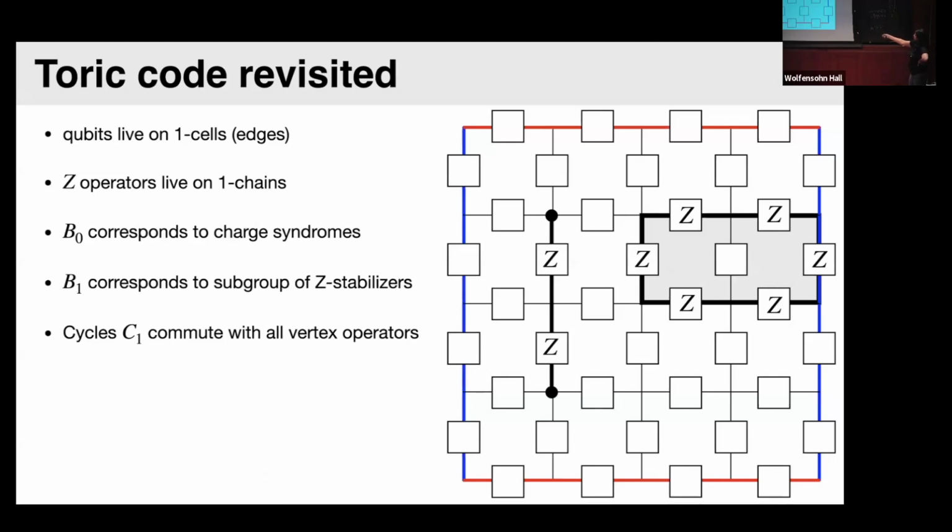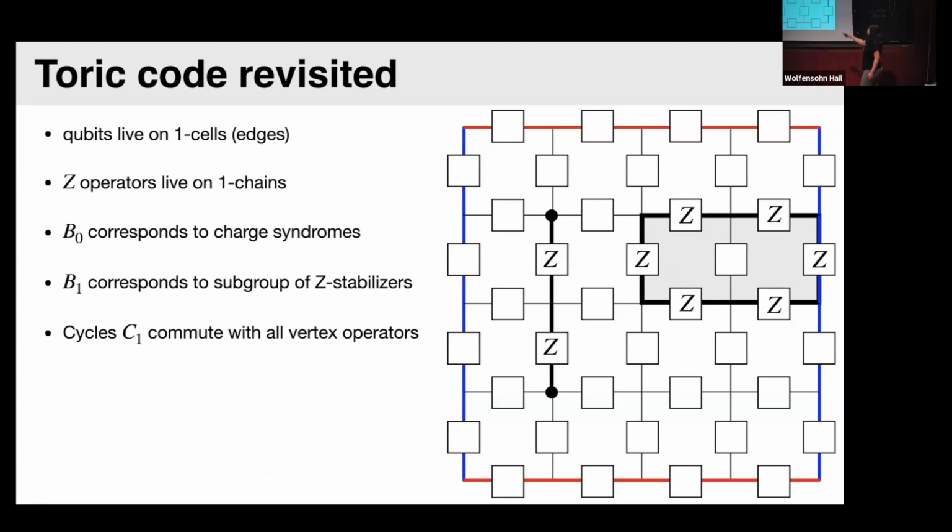That's what each of these boxes are. My Z operators, I'm going to define these to live on 1 chains, okay? So anytime you want to act with Z on some collection of edges, then that collection of edges defines a 1 chain, okay?